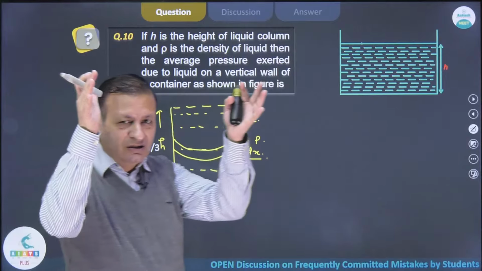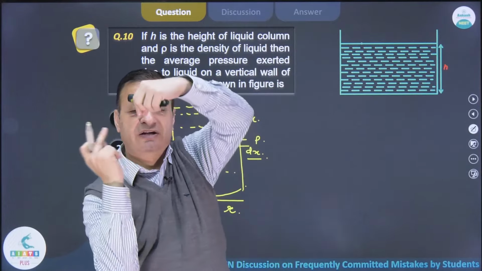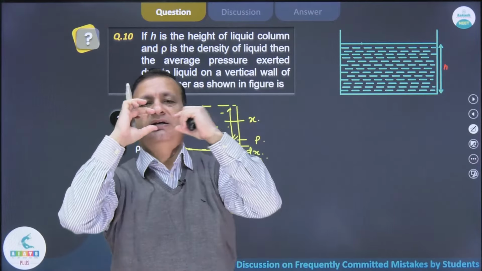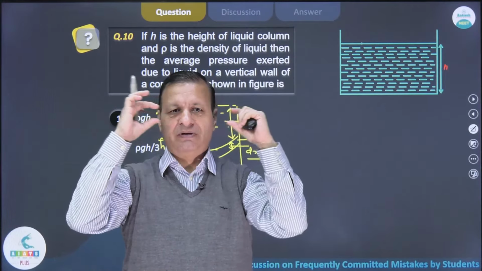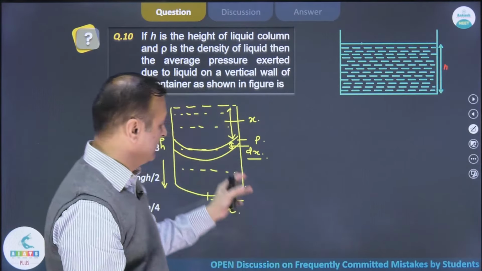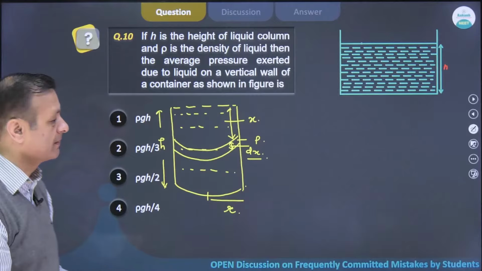So you have a cylinder and we have assumed a strip that is basically along the walls of the container, and this strip is of thickness dx.